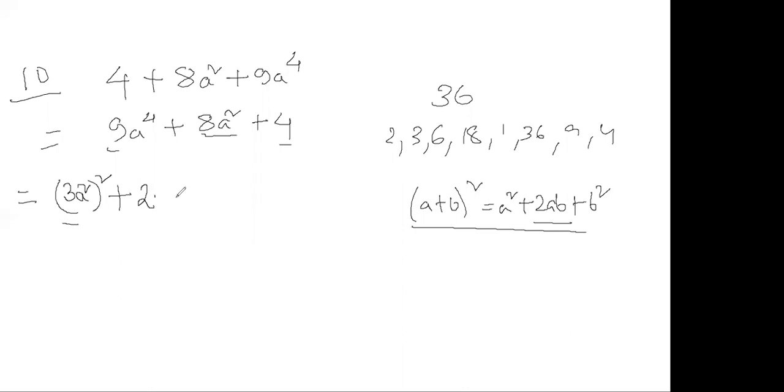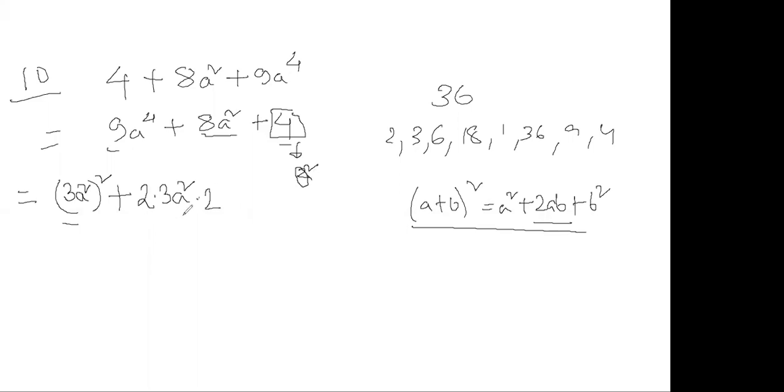Now, if you consider 4 to be b, 4 is actually the square of what? 2, right? 2 square. So 2 is actually my b. So we can write over here 2.